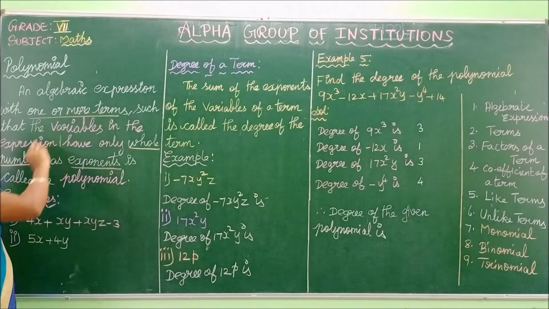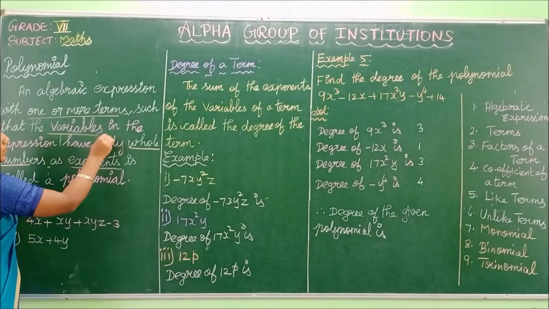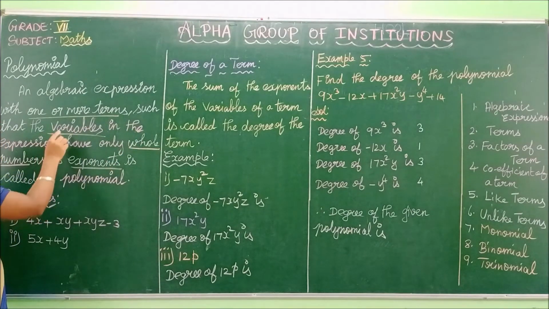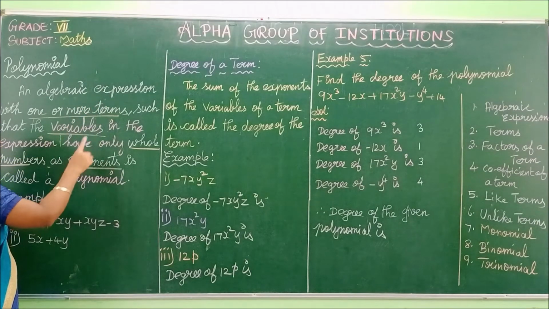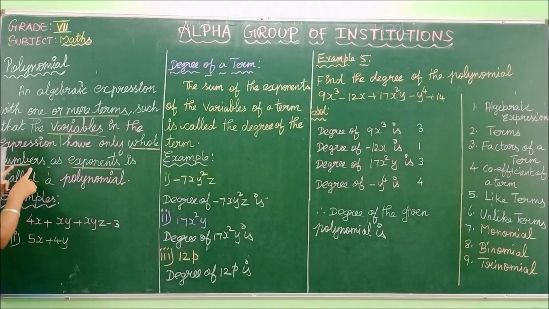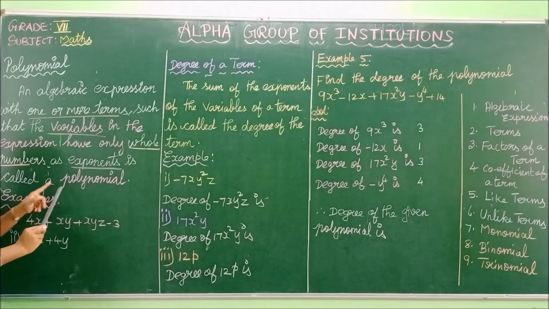It may be any number of terms, such that the condition is that the variables involved in this algebraic expression have only whole numbers. What are the whole numbers? 0, 1, 2, 3, etc. are whole numbers. The variables have exponents that are only whole numbers, and that is called a polynomial.